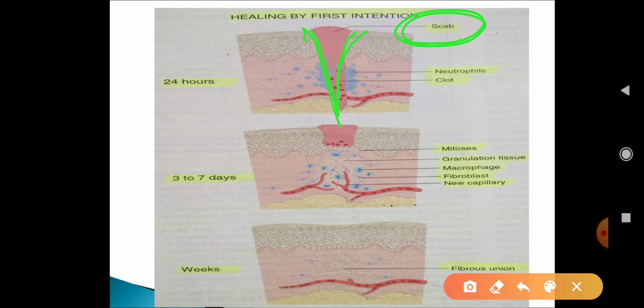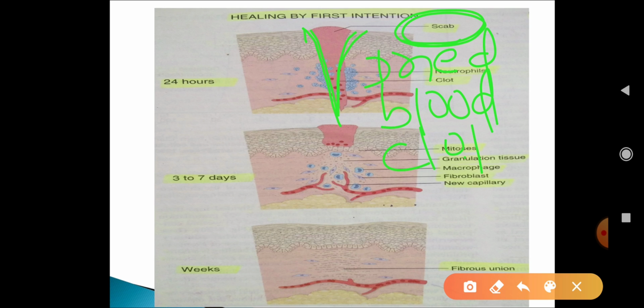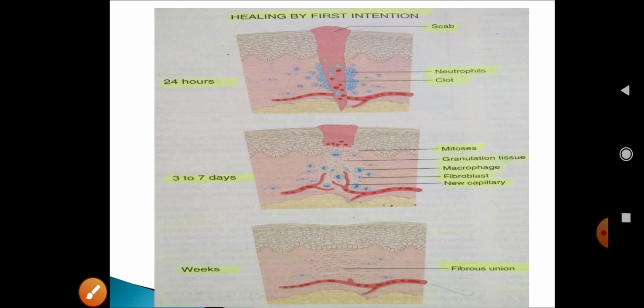Such a thrombus that is formed here is the dried blood clot, known by the name scab. It is nothing but the dried blood clot, to stop the bleeding. So first of all, there will be formation of scab.